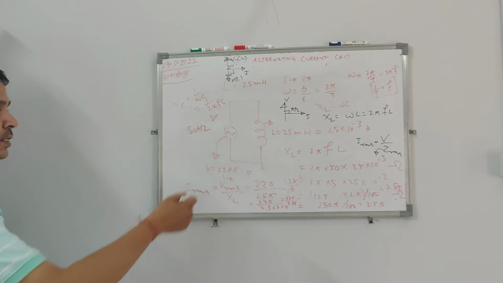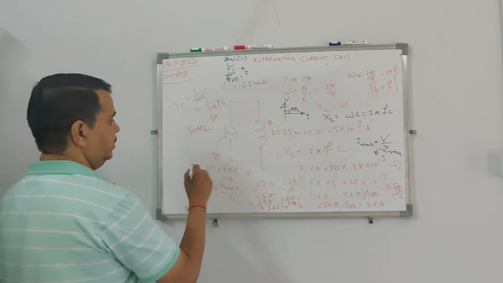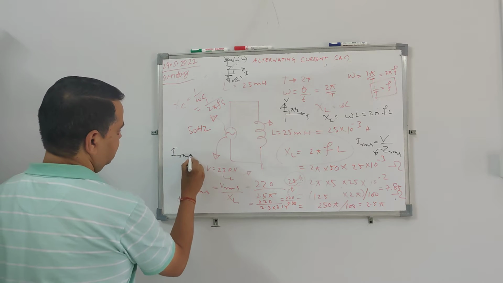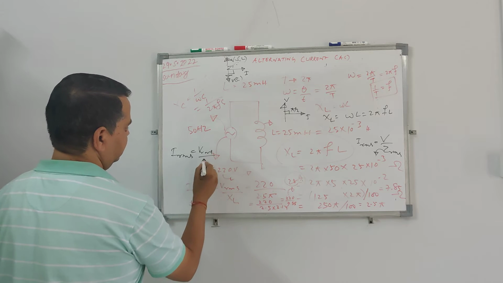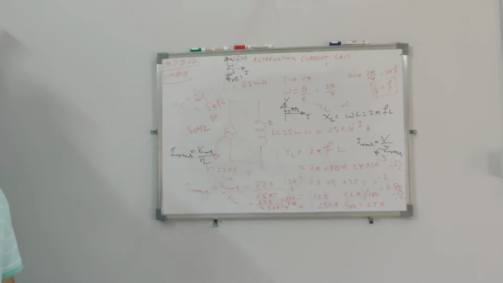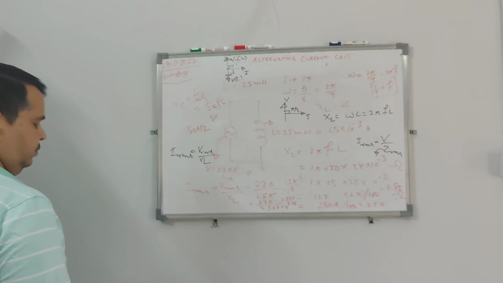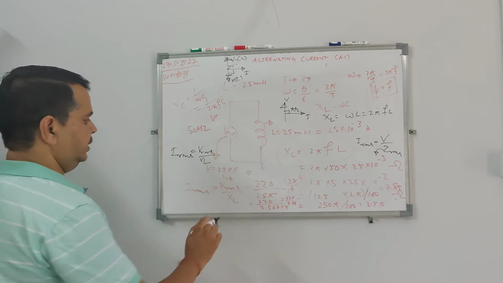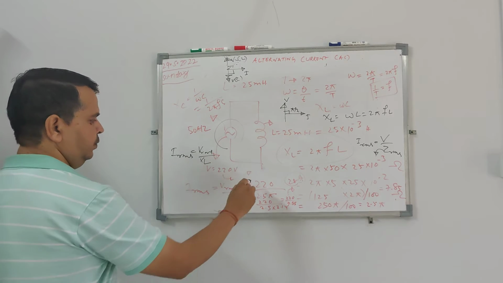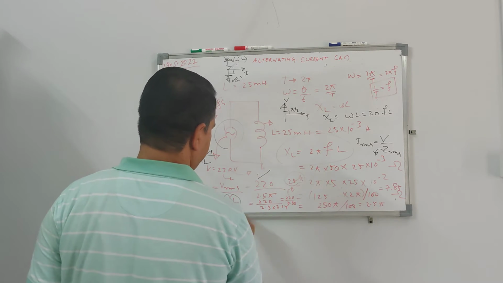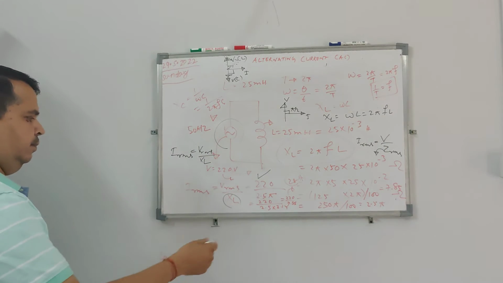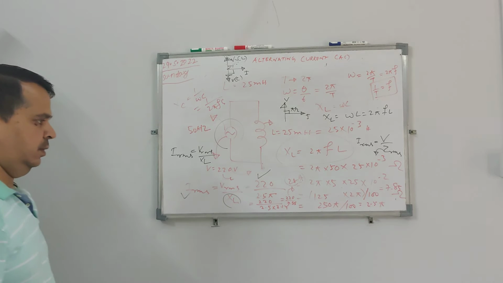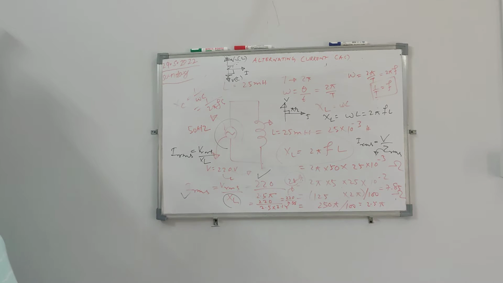Now it is inductive reactance, so IRMS is equal to VRMS divided by XL. For a typical household supply, we know it is 220 volt, then we divide it by XL, which is equal to 2 pi F L, and then we find the IRMS value. So that was the learning for a purely inductive circuit.